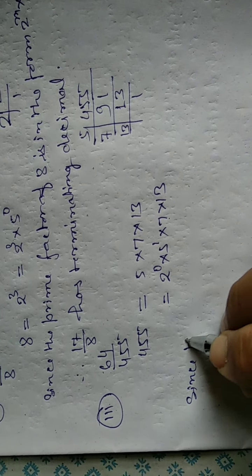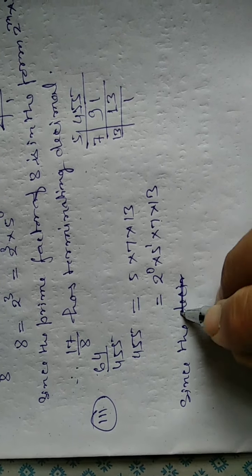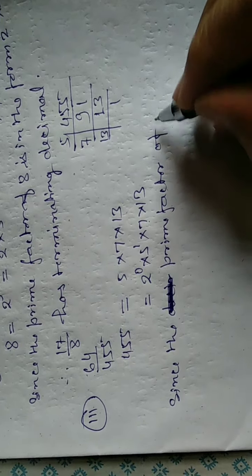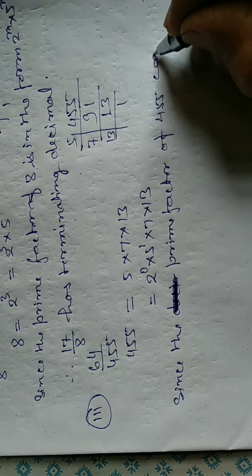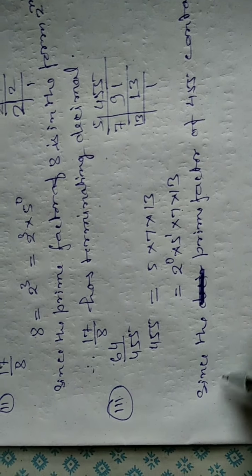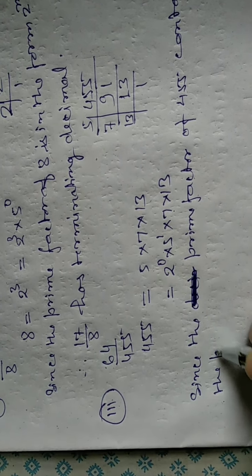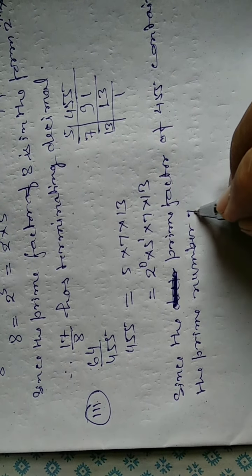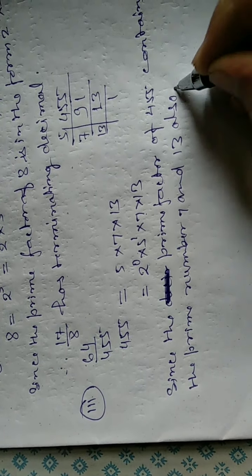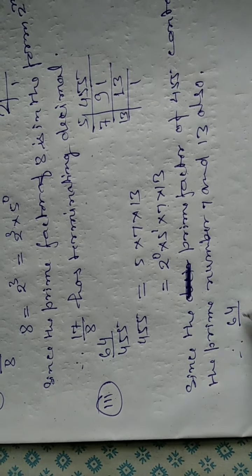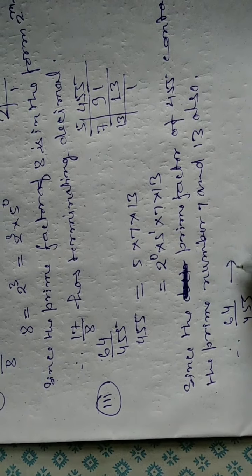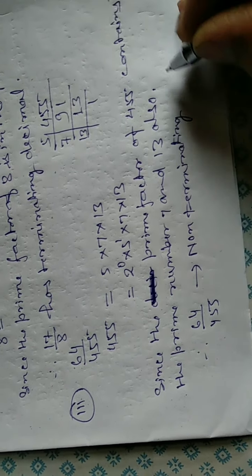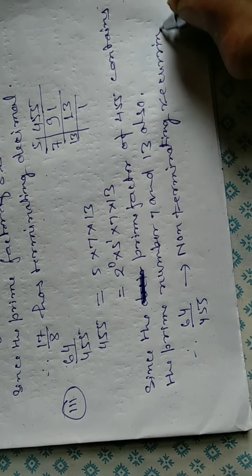Since the prime factorization of 455 contains the prime numbers 7 and 13 also, therefore 64 by 455 has a non-terminating recurring decimal.